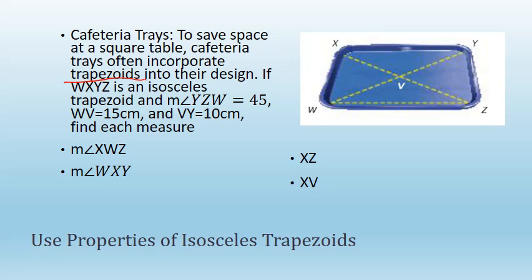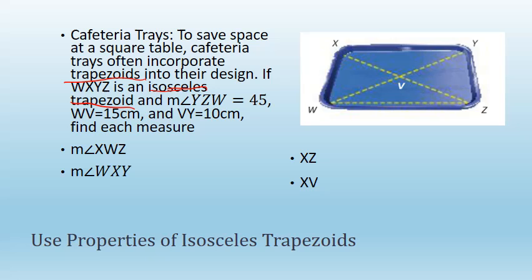If WXYZ is an isosceles trapezoid, and the measure of angle YZW equals 45, and line segment WV equals 15 centimeters, and VY equals 10 centimeters, find each measure.